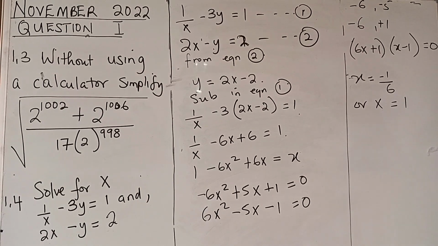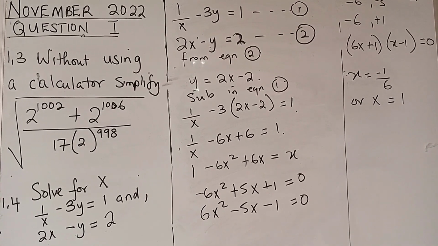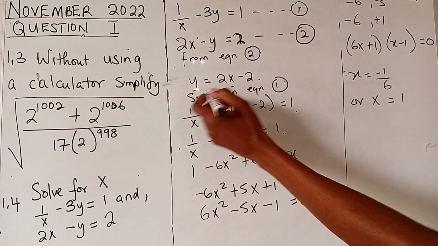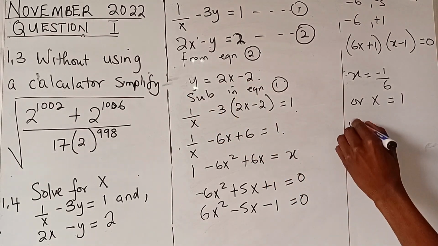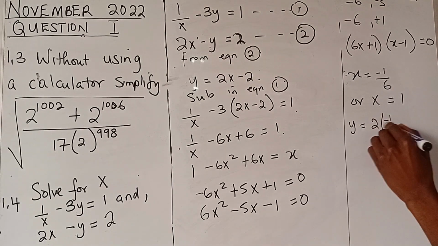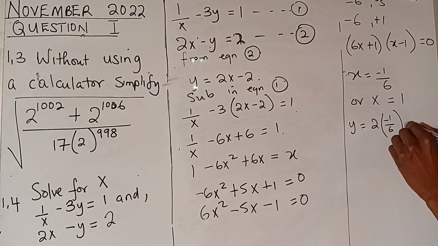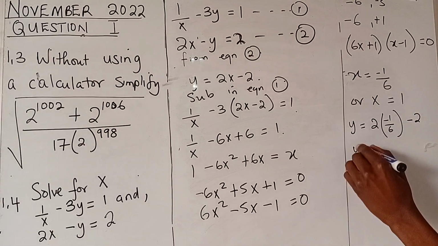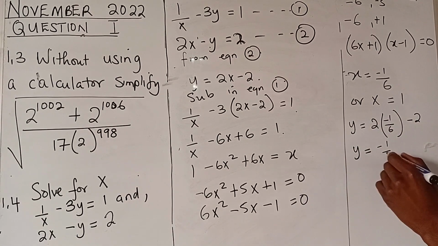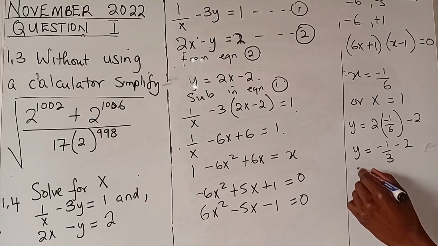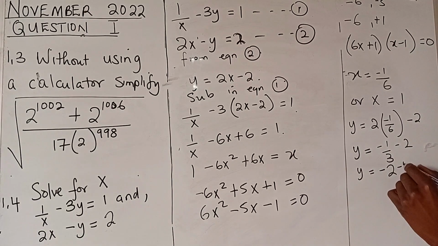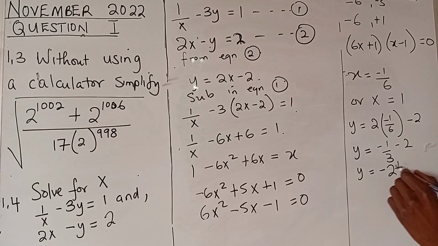So now that we found the values of x, we are going to substitute them into this equation to get the value of y. So we have y is equal to 2 bracket minus 1 over 6 minus 2, which will give us y is equal to minus 1 over 3 minus 2, which is equal to minus 2 and 1 over 3.